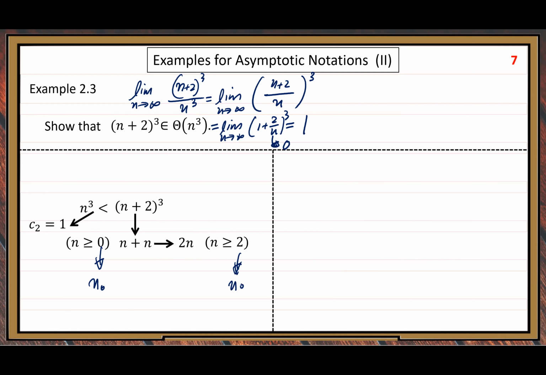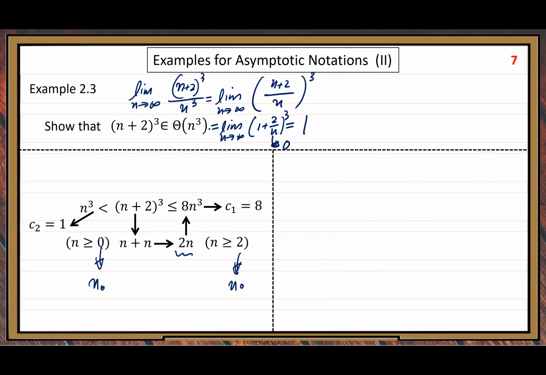So we have the 2n expression, a larger expression for n plus 2, and then we raise it to the power, (2n) cubed. So that's 8 times n cubed. So we get the upper bound constant C1 equals 8.